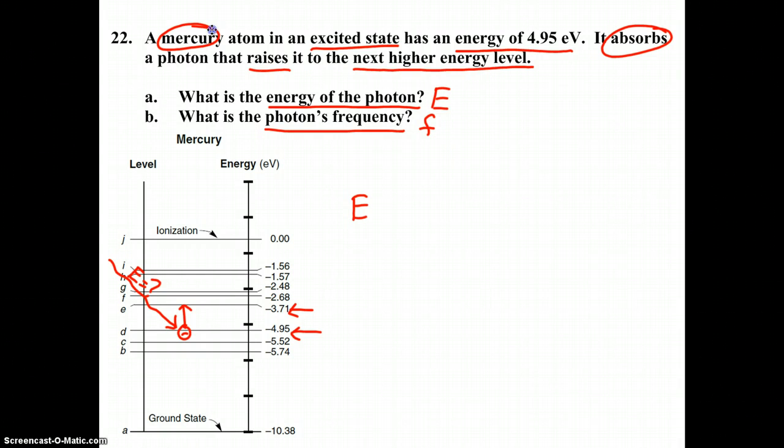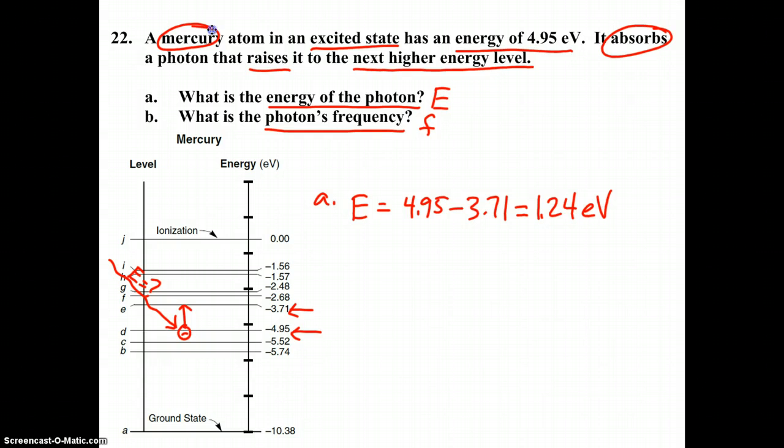So, pretty easy calculation here for A. The energy of the photon is going to be 4.95 minus 3.71 electron volts. And that, of course, equals 1.24 electron volts when we subtract.